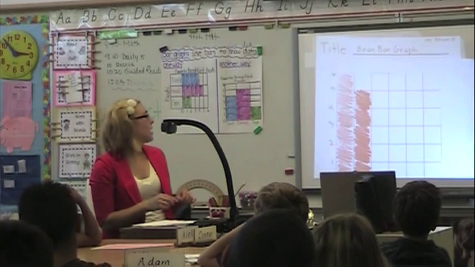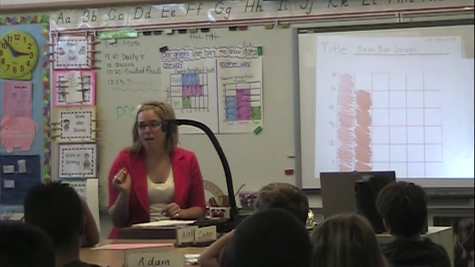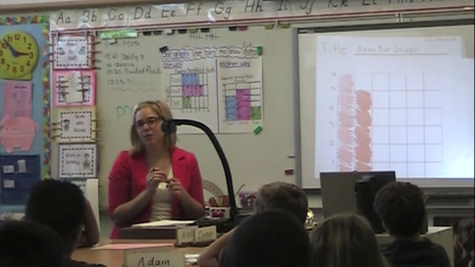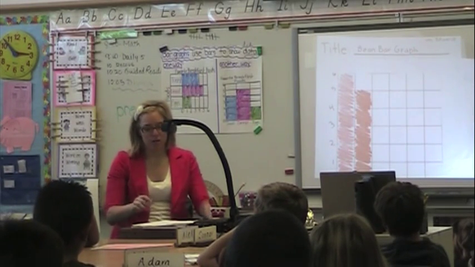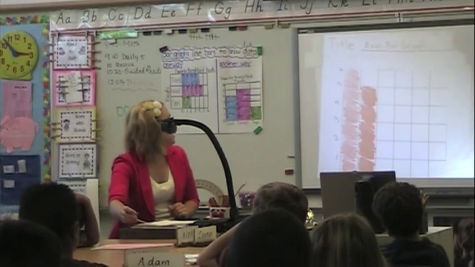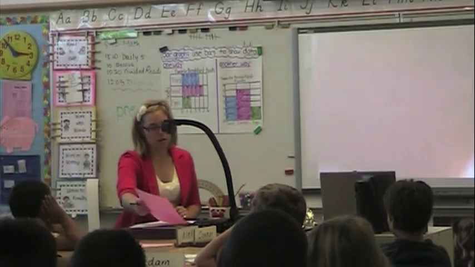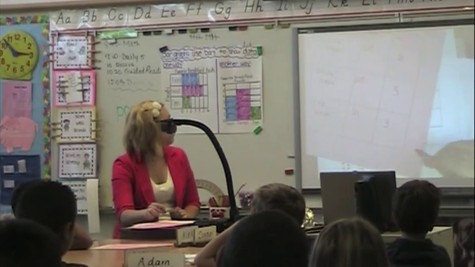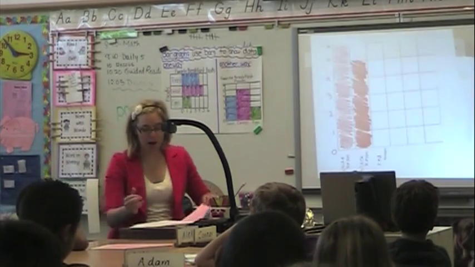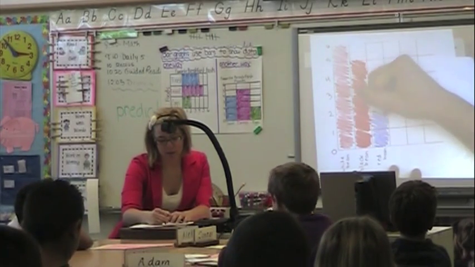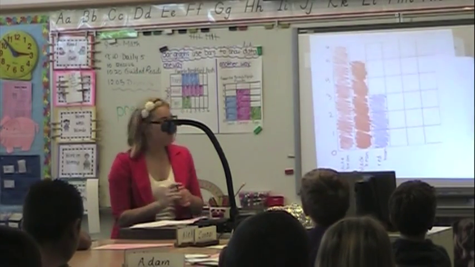And I accidentally grabbed 2 crayons that kind of look like the same color, so you may not want to do that. I grabbed orange and red, so try not to grab orange, red, or orange and yellow, because they may look very similar. And then I look, so I have red beans left. So I'm going to go over here, I'm going to look, and it says I counted 3 red beans. So I'm going to go back over here, I'm going to count 1, 2, 3, just like that.